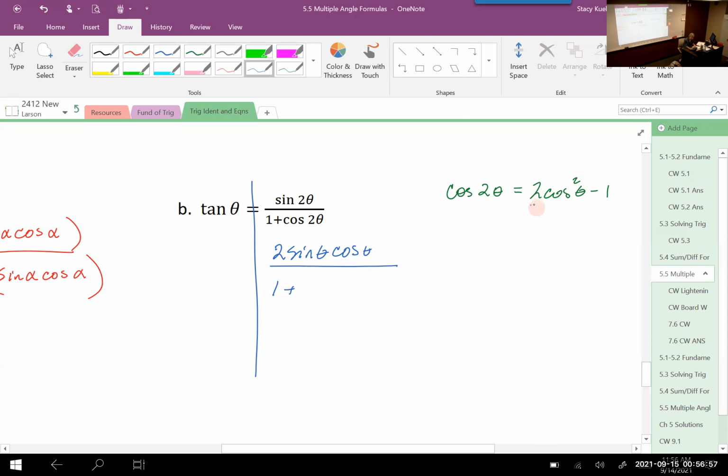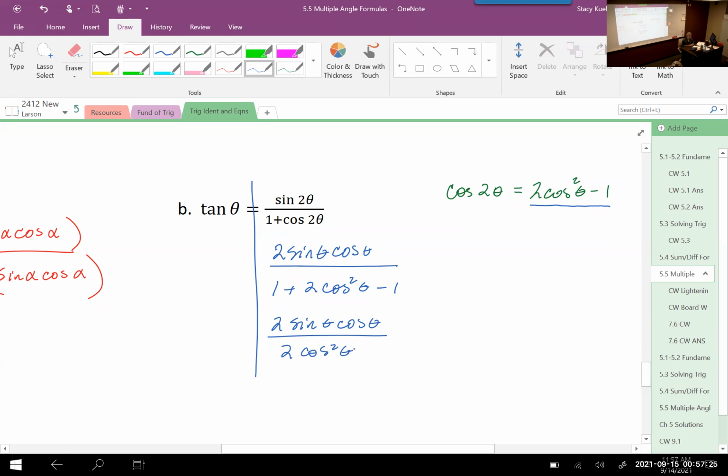And now I'm gonna substitute 2 cosine squared theta minus 1 in the denominator. Okay, so that's gonna give me 2 sine theta cosine theta in the numerator divided by 2 cosine squared theta in the denominator, because the ones canceled out.